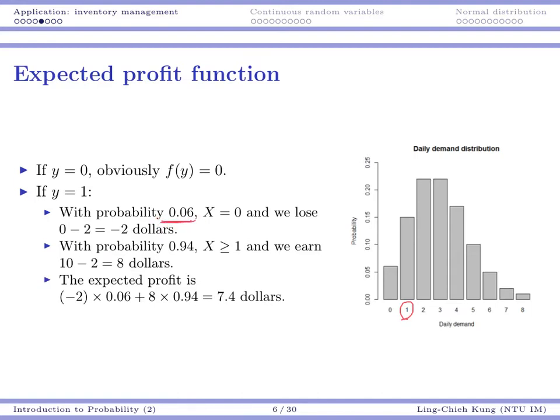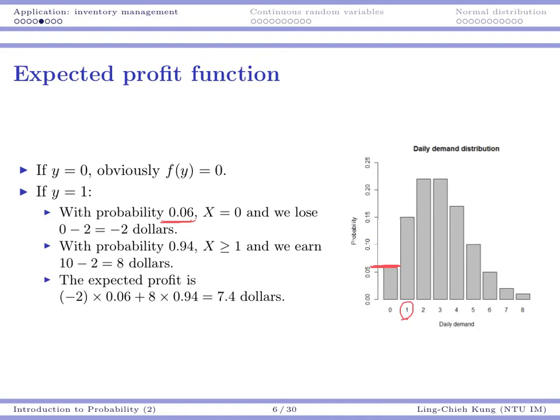With probability 0.06, there may be no consumer at all, and then I will lose negative $2. Why do I have this loss? Because I paid $2 to my supplier, but tomorrow I didn't earn anything. So in total, my loss is $2.